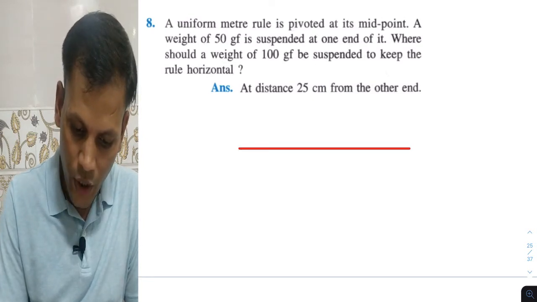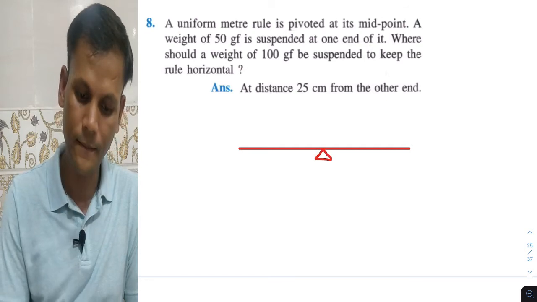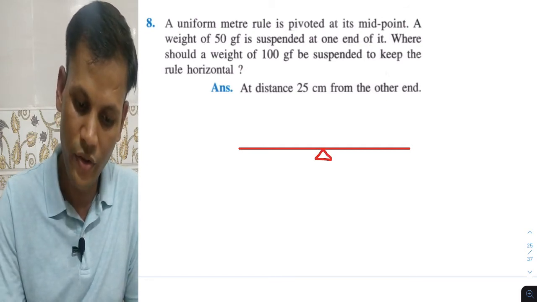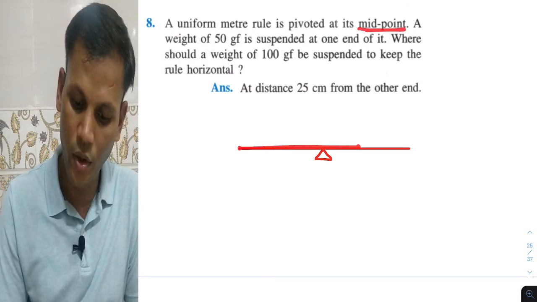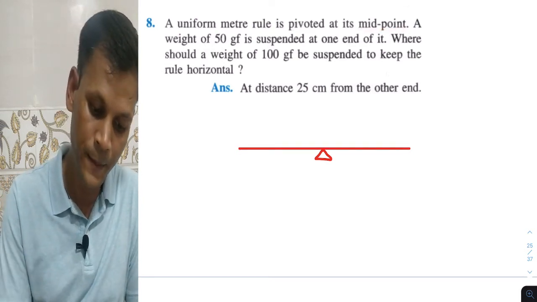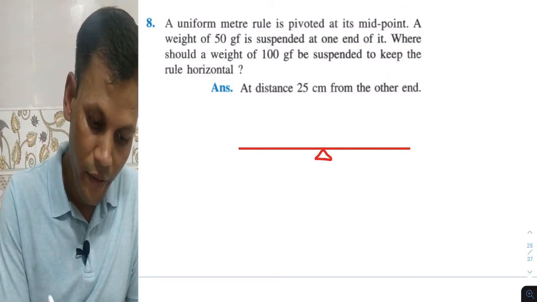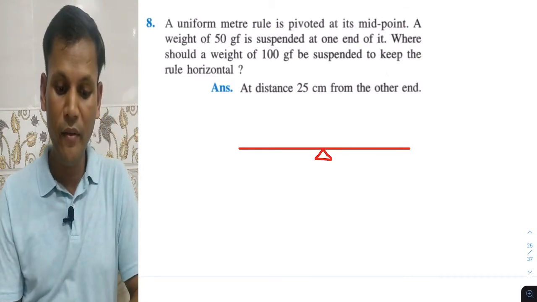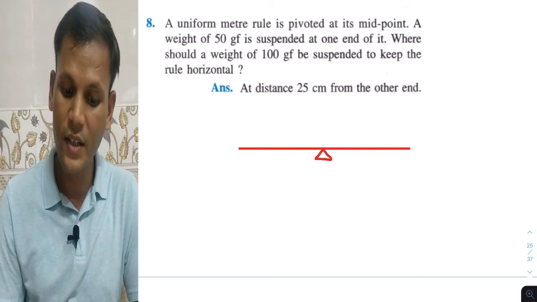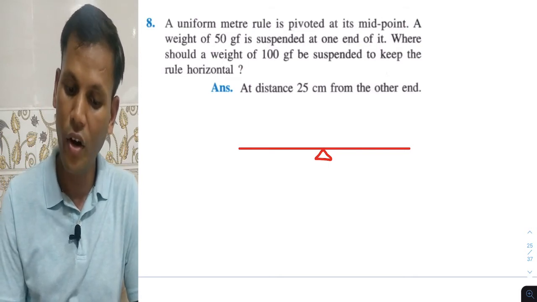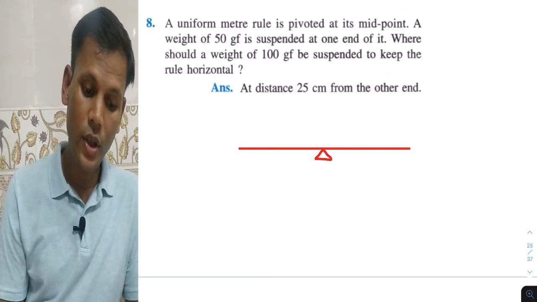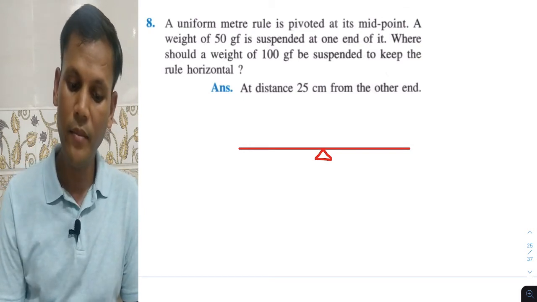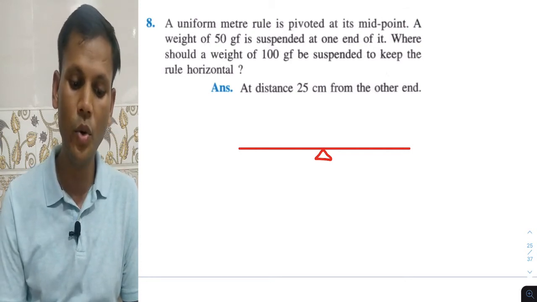It is pivoted at the center, the midpoint. A weight of 50 gram force is suspended at one end of it. Where should a weight of 100 gram force be suspended to keep the rule horizontal?